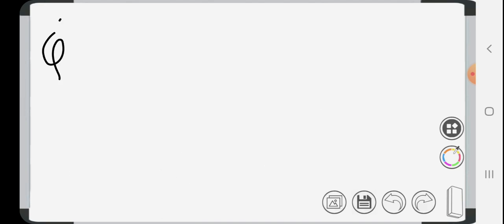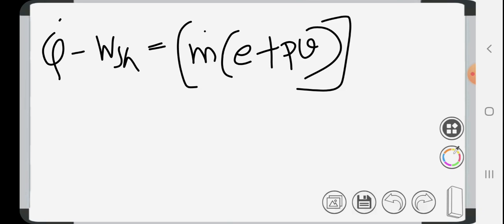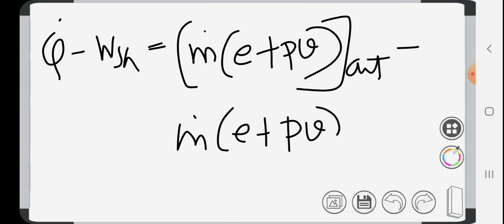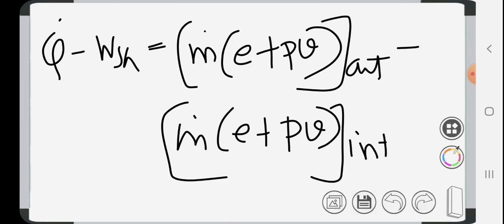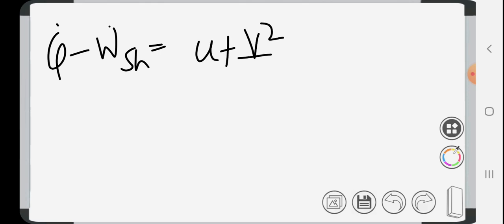So I can write Q dot minus shaft work equal to m dot (e plus flow work). Flow work is PV. So this is out, minus m dot (e plus PV) at inlet. Now e is nothing but u plus V square by 2 plus gz, and PV is also there.